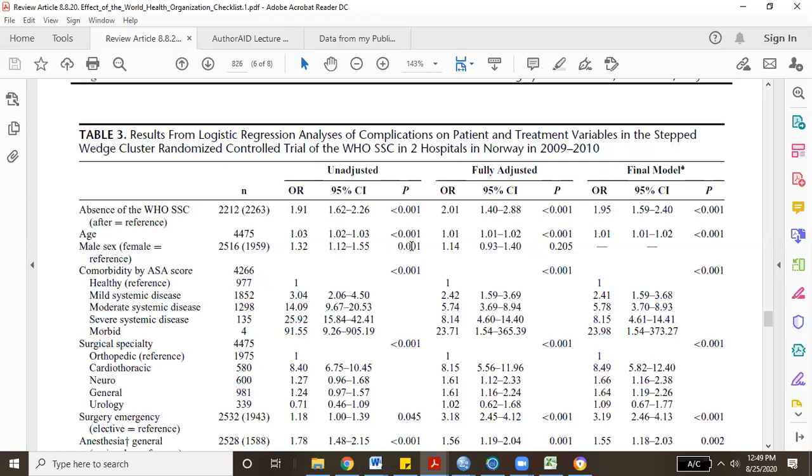And this is significant. But when they did the multivariant, did you see? It was not significant anymore. Telling you that sex is a confounding variable, meaning males will not likely have more complications than female.